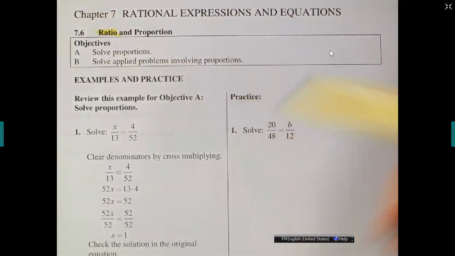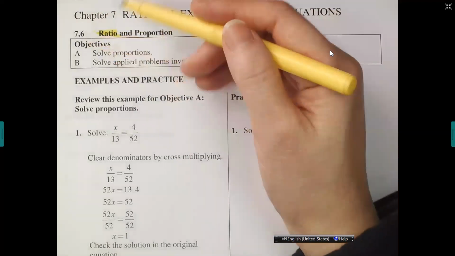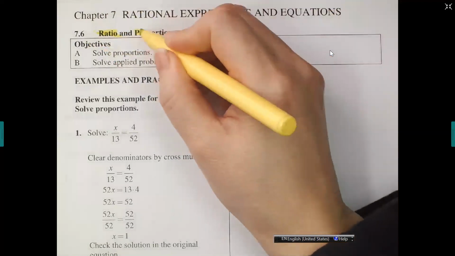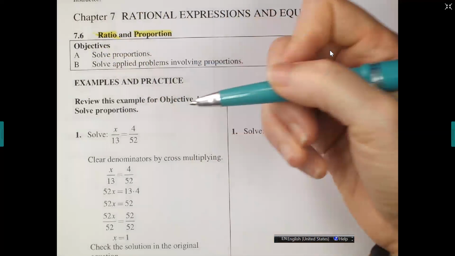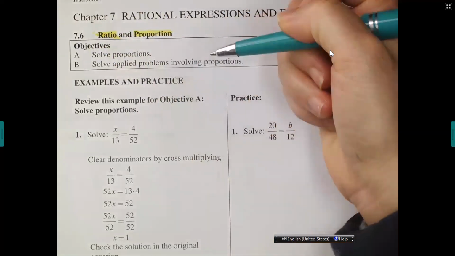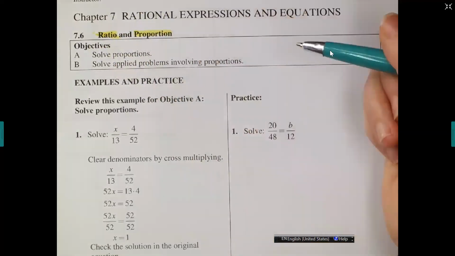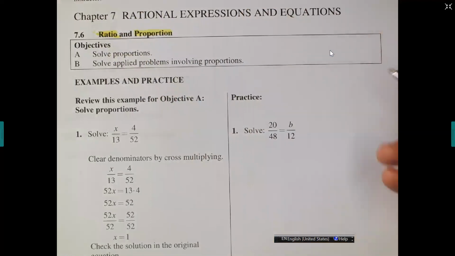When we have two numbers or two polynomials, one divided by the other one, the quotient is called a ratio. And what is a proportion? The proportion means two equivalent ratios. So when we have two ratios that happen to be the same, then they're proportional. And this equivalent statement is called a proportion.